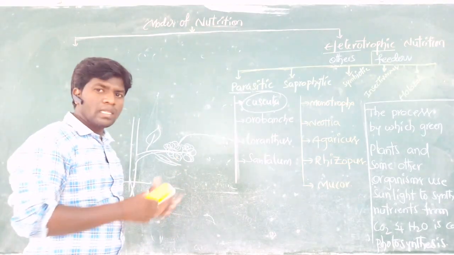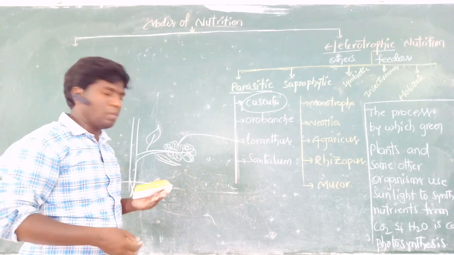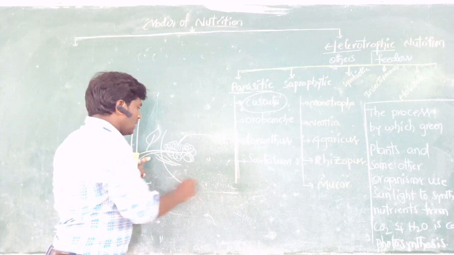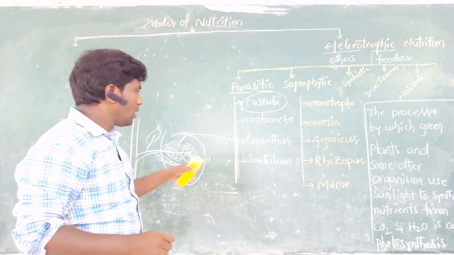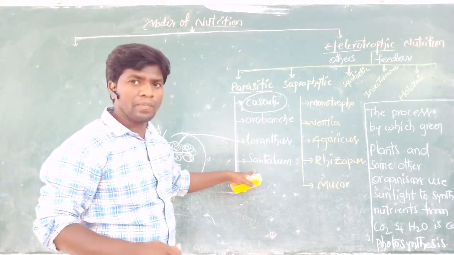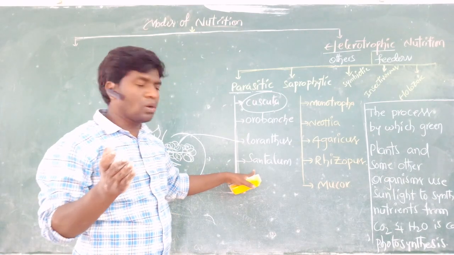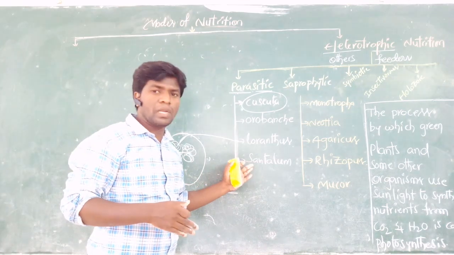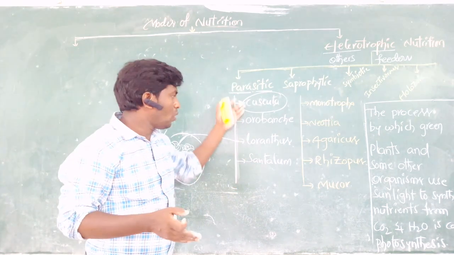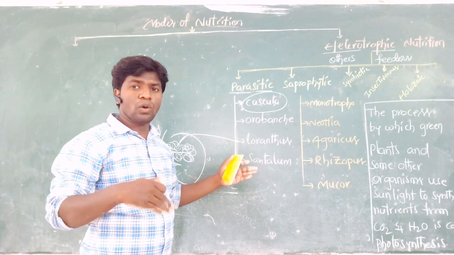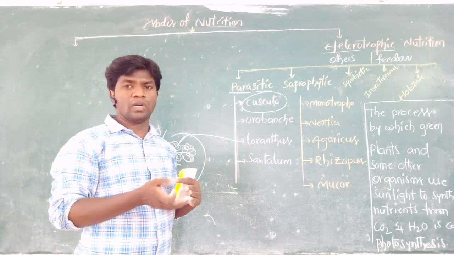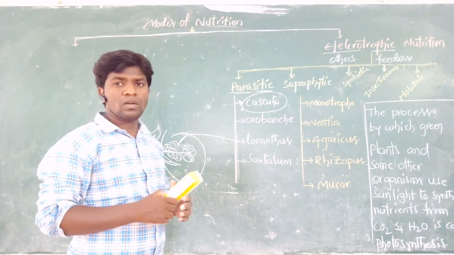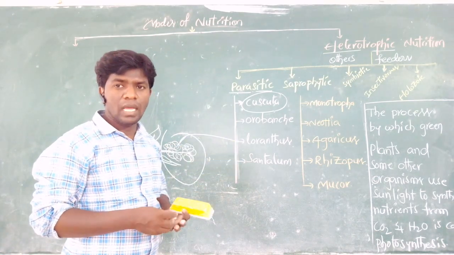They grow on the tips of the branches of other plants. And Santalum, like on cashew nut plant branches, these plants will grow. Finally, all these plants grow on other plants for food and shelter. This type of nutrition is parasitic nutrition.